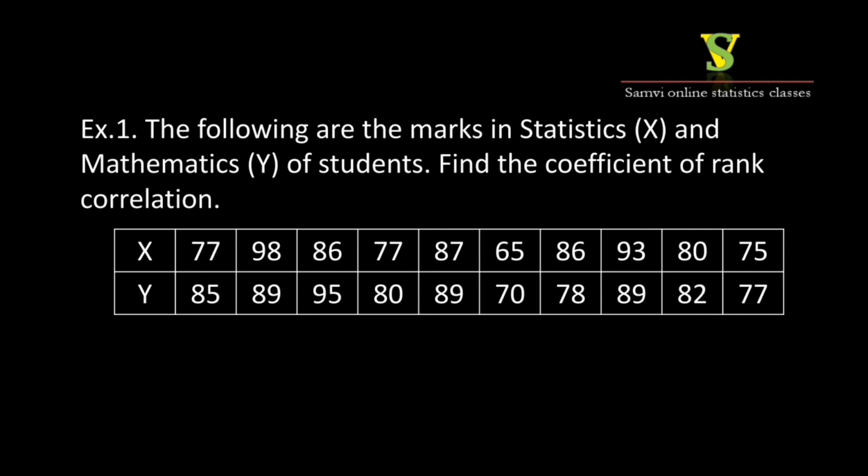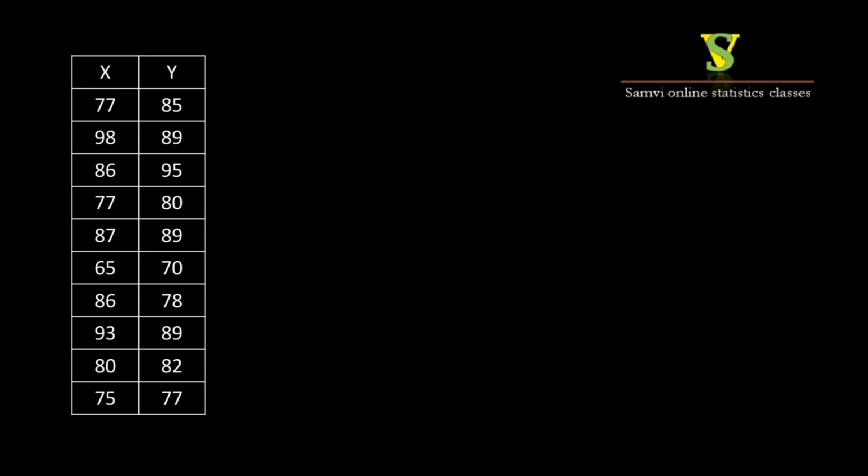For statistics: 77, 98, 86, 77, 87, 65, 86, 93, 80, 75. And for mathematics: 85, 89, 95, 80, 89, 70, 78, 89, 82 and 77. Now we have to simplify this and find the coefficient of correlation.